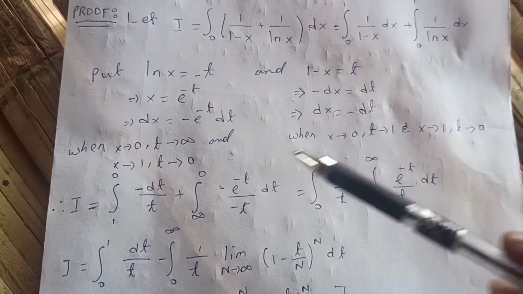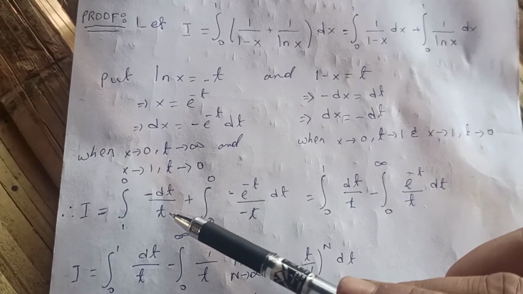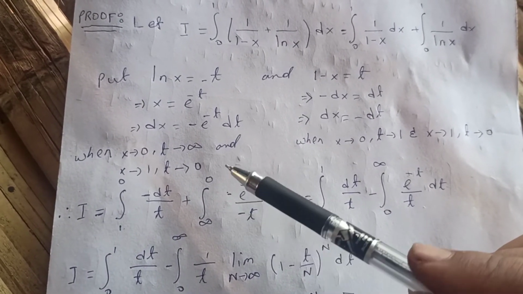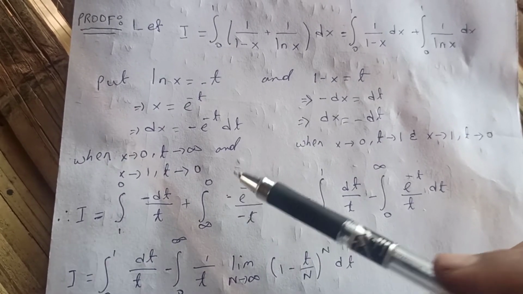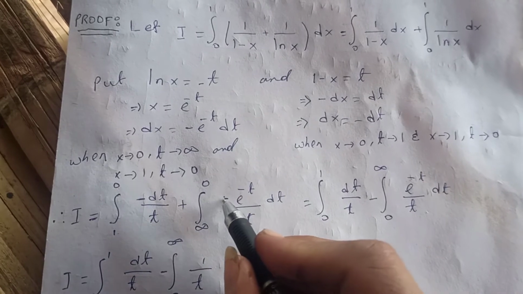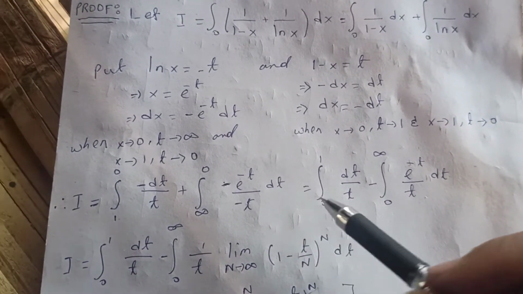Now our integral I is equal to the integral from 1 to 0 of negative dt over t, plus the integral from infinity to 0 of negative e to the negative t over negative t dt.